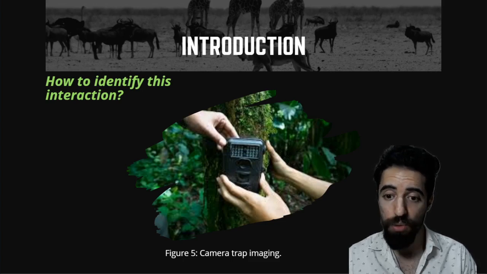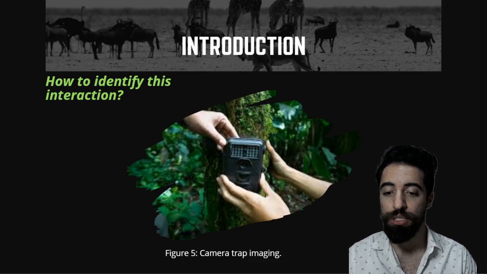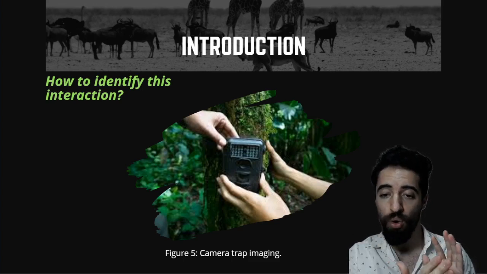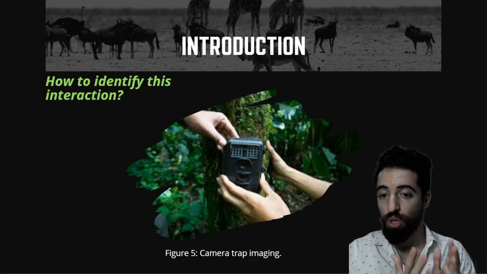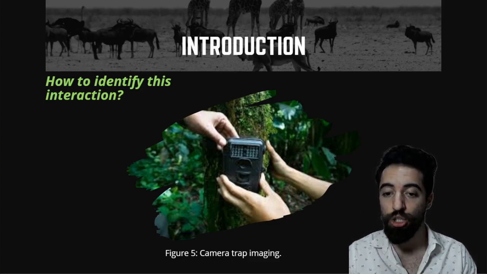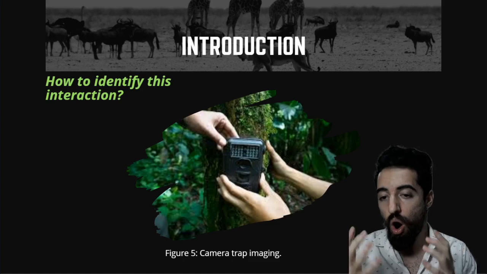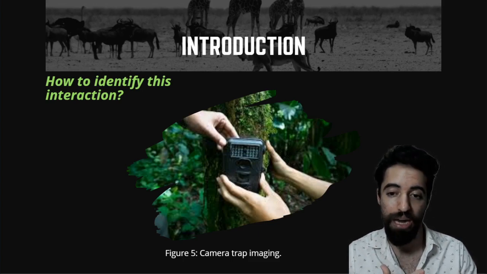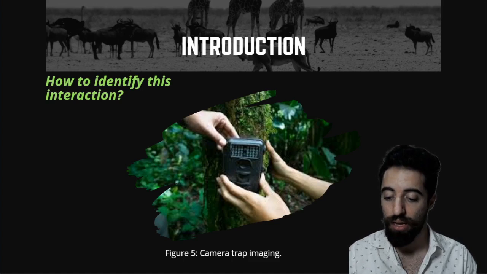You can take images, for example, the camera trap imaging that is commonly used, where we put a camera there, and if an animal passes in front of it, you take a picture. So would it be interesting to get these images, or get the interaction itself, and make an analysis of it, and automatically say that this is a predation event or a non-predation event?